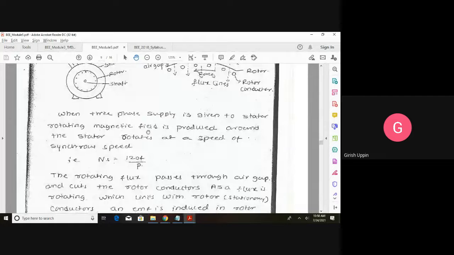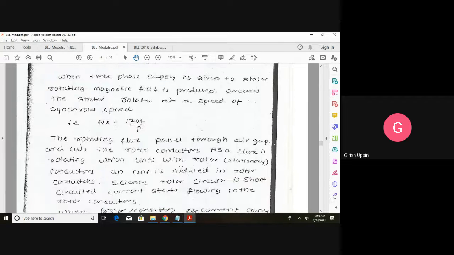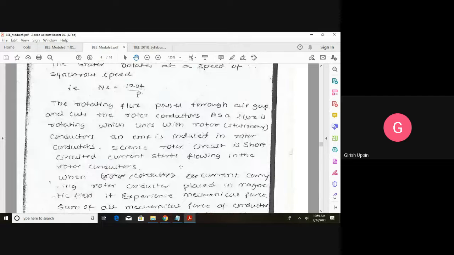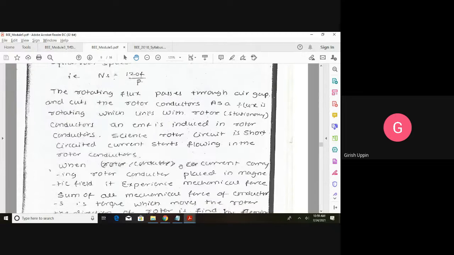When three-phase supply is given to the stator, a rotating magnetic field is produced around the stator, which rotates at synchronous speed. The rotating flux passes through the air gap and cuts the rotor conductors. As the flux is rotating, which links with the stationary rotor conductors, EMF is induced in the rotor conductors. Since the rotor circuit is short circuited, current starts flowing in the rotor conductors.